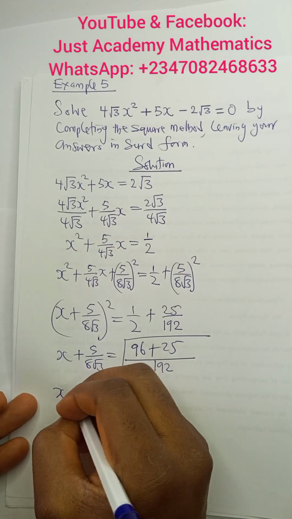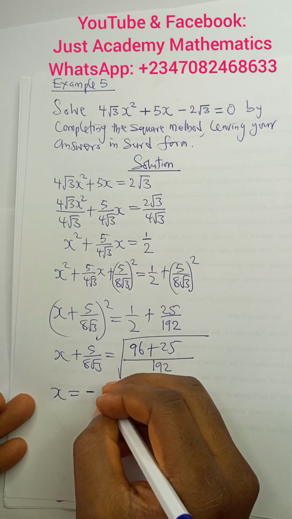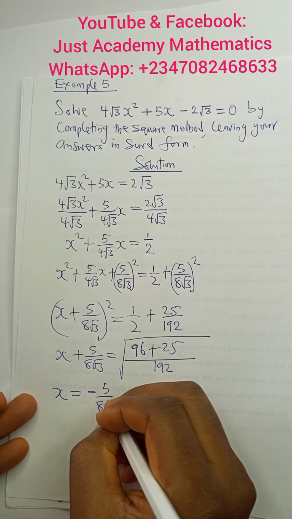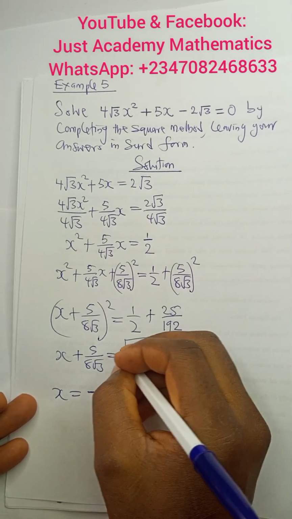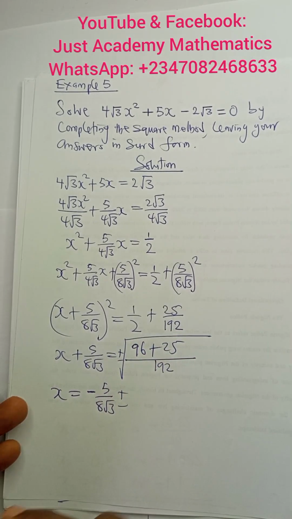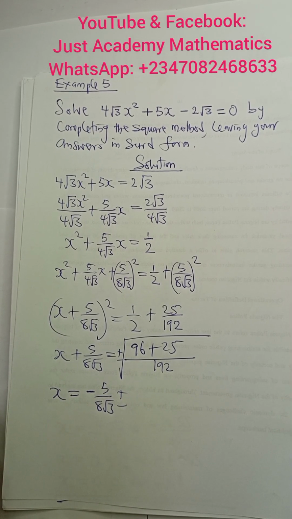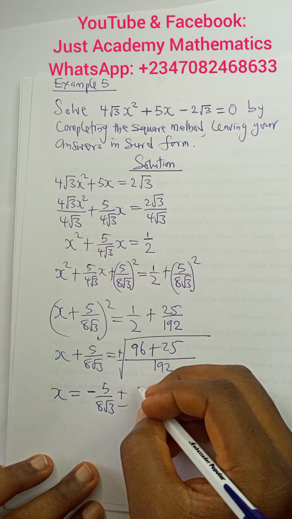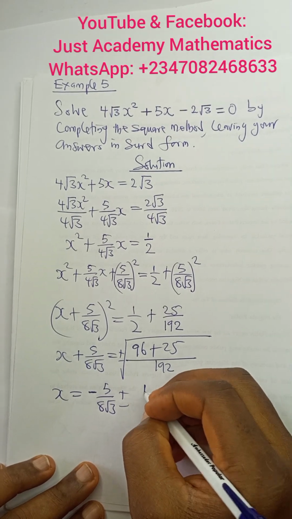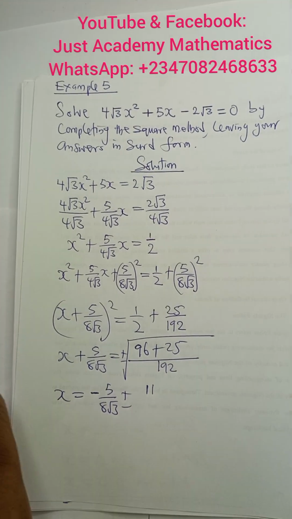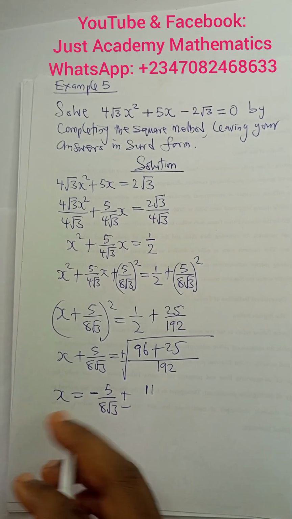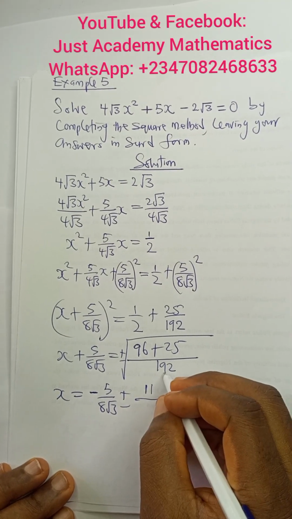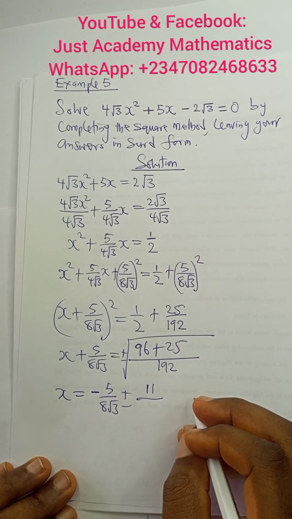So x is equal to, bring this one to this side, we have minus 5 over 8 root 3 plus or minus 96 plus 25 is 121. And the square root of 121 is 11.